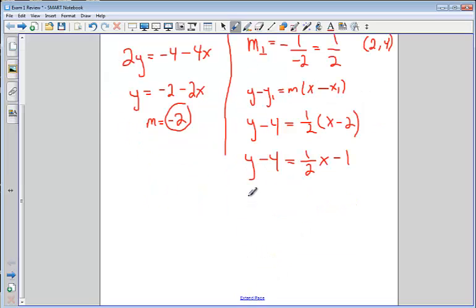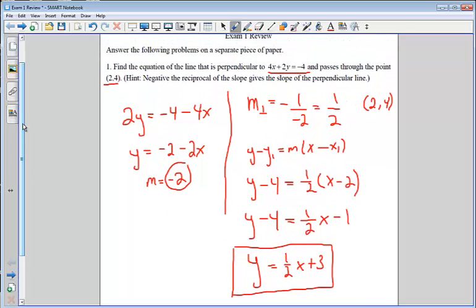And I simply add 4 to both sides, and I get y equals 1/2 x plus 3. And so this is my answer. Now we can see here that the slope is 1/2, which is negative the reciprocal of negative 2, and if you plug in 2 for x, you do see you get out 4.